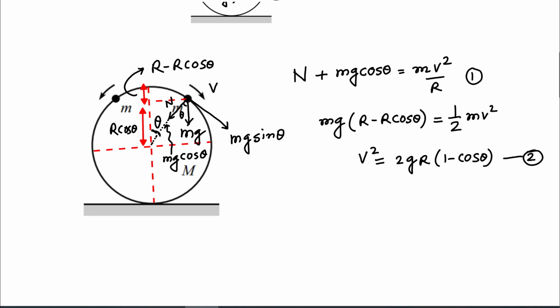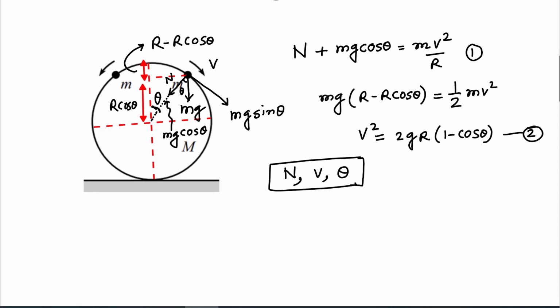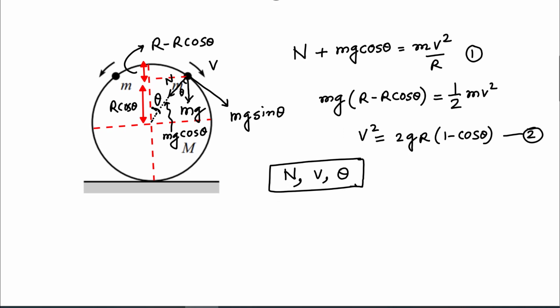Now what are the unknowns we have? We have the normal reaction N unknown, v square unknown, that is v is unknown, and theta. So what we can do is find the normal reaction as a function of theta. We can eliminate v. So from equation 2 we can plug into 1.